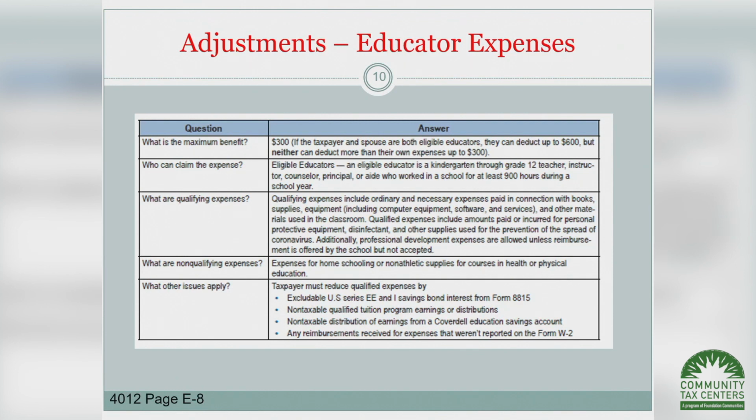It can include counselors, principals, aides, but there is one other criterion. They must have worked 900 hours during a school year. And the expenses must be necessary and ordinary, and these are some of the expenses that are listed: supplies, disinfectant, protective equipment because of the COVID uprise. Non-qualifying expenses: homeschooling. If you're homeschooling, you cannot take that expense. Okay.